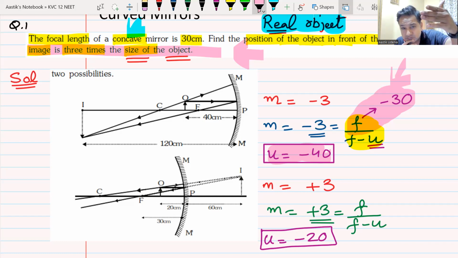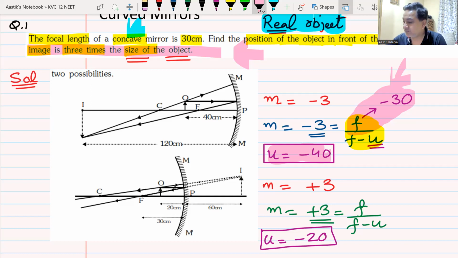Size of the image, height of the image, length of the image, area of the image divided by size of the object, length of the object, area of the object. That is magnification, no? So they have given the value of magnification, that the magnification is 3. Yes or no? Do we understand this, everyone in the class? Please raise your hands.